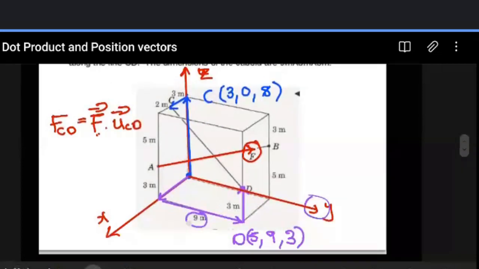How do we get that unit vector? Let's erase everything else, and let's go through this one more time. But this time I'll use the other method, the one I prefer, where you just say, okay, I'm starting from this point, I'm ending at that point.